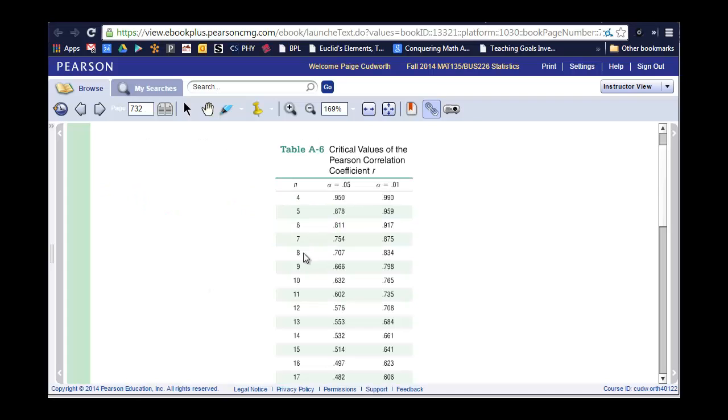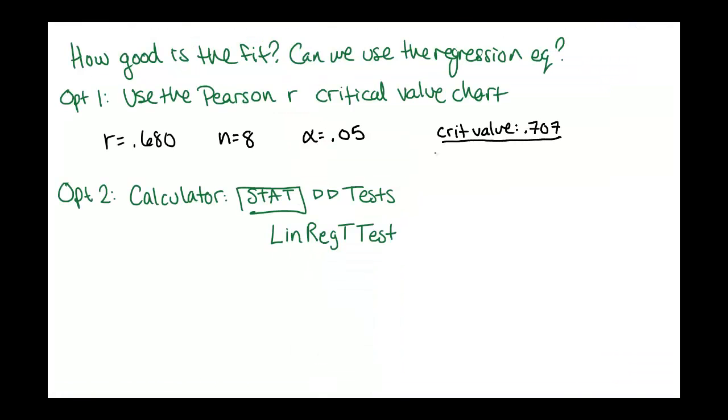So looking at our table for n equals 8, alpha equals 0.05, we get a critical value of 0.707. So this critical value is the guideline that we would use to cut off what is considered a good fit or a strong correlation from what isn't. So in this case, any R value that would be bigger than 0.707, we would say yes, that's a good fit. Anything that is less than that and still positive would not be a good fit.